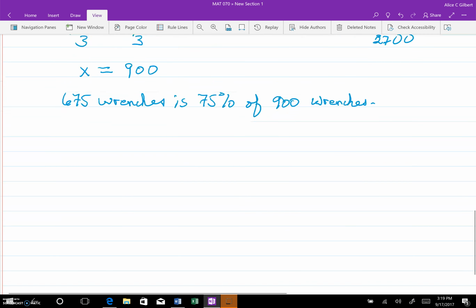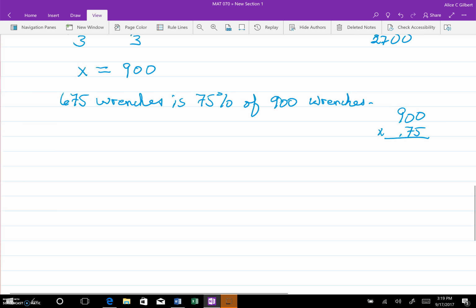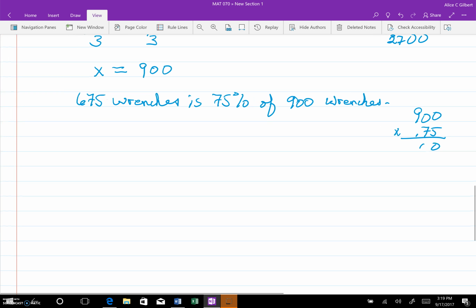Let's check this guy. If I take 900 and multiply it times 0.75, and here I do need to put the point in, so that's 0, 0, 45, 7, 0, 0, 63, 0, 0, 5, 7, 6, and again 2 decimal places, 1, 2, 675. It works, and I figured out what my X is.